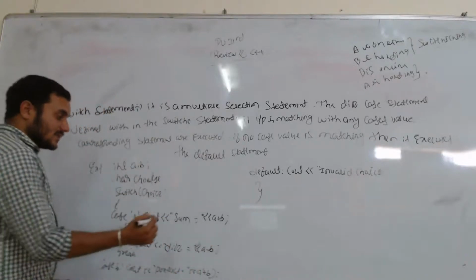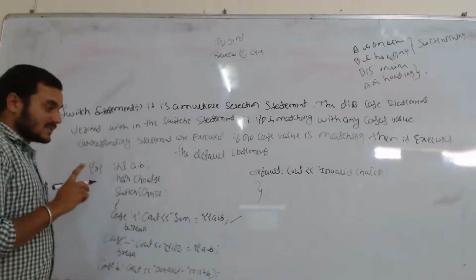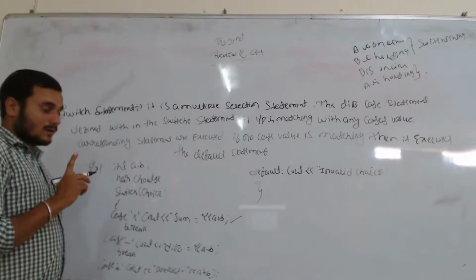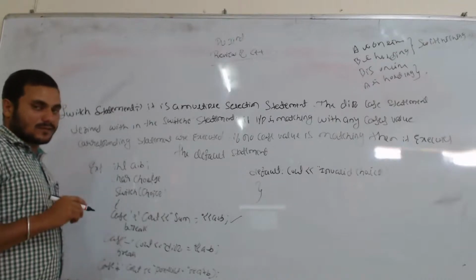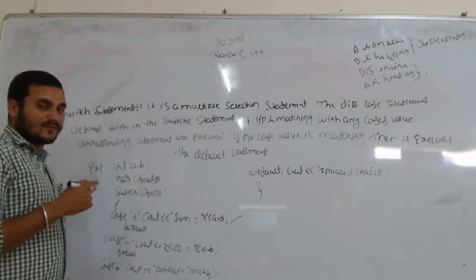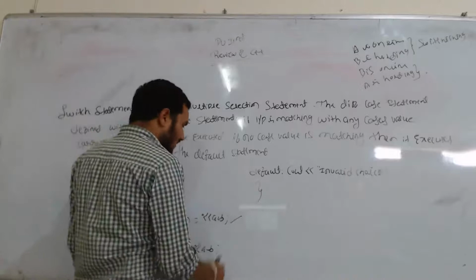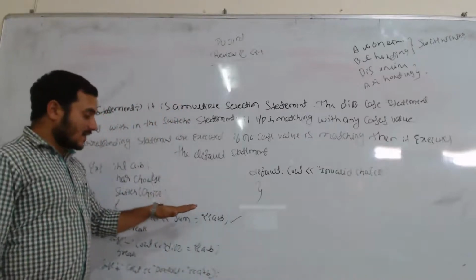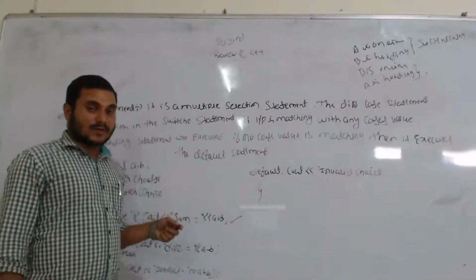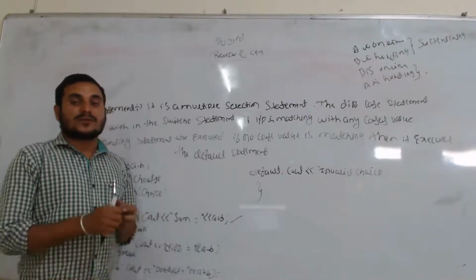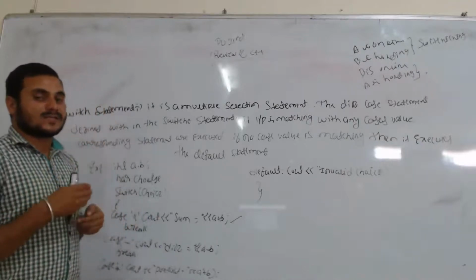In case this statement is executed, how much will come? 10 plus 5 is 15, and 10 minus 5 is 5. Once one statement is executed, the remaining corresponding statements will be executed automatically. One case matched and manipulated, so it will not check the remaining statements.